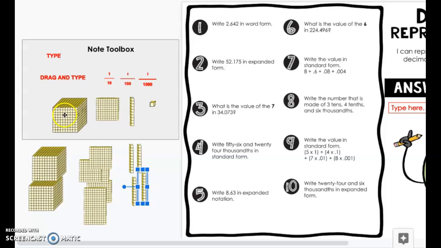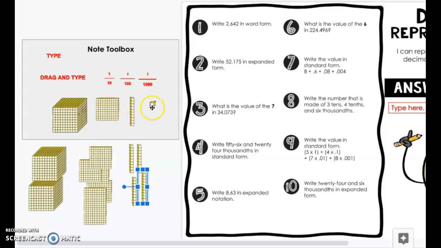That's why they're called the hundredths, because 10 of these make this, and then 10 of these make this. So to go from here to here, I would need 100.